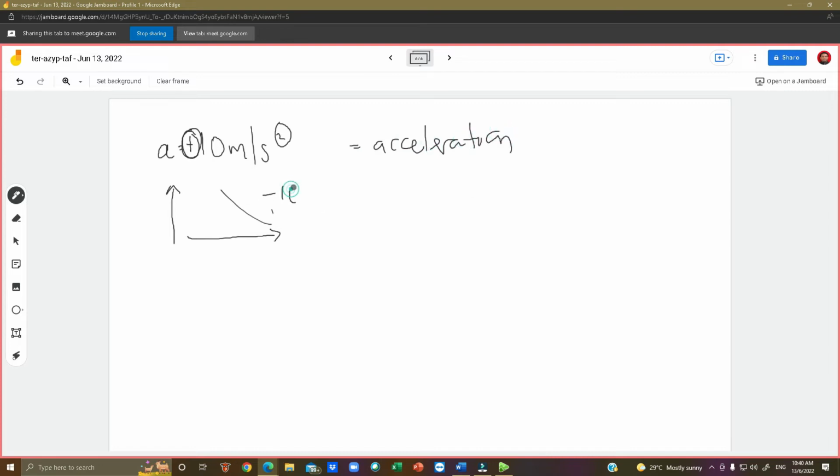Kalau negatif 10 meter per second, this is also a case of deceleration, memperlahankan perjalanan. Yang ini melaju. Okay, this is increasing in speed, positive. Kalau kita nampak negatif, this is a case of decreasing in term of speed.